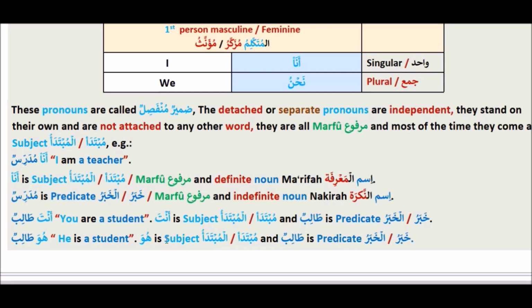Huwa is subject mubtada and talibun is predicate khabar. As we discussed, mubtada is always marfu and even predicate is always marfu. Mubtada is most of the time definite and predicate is most of the time indefinite.